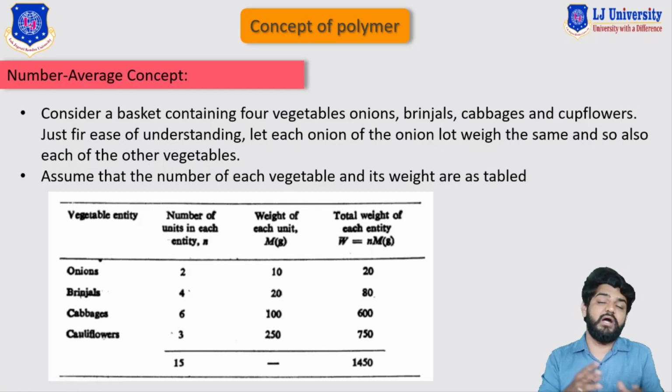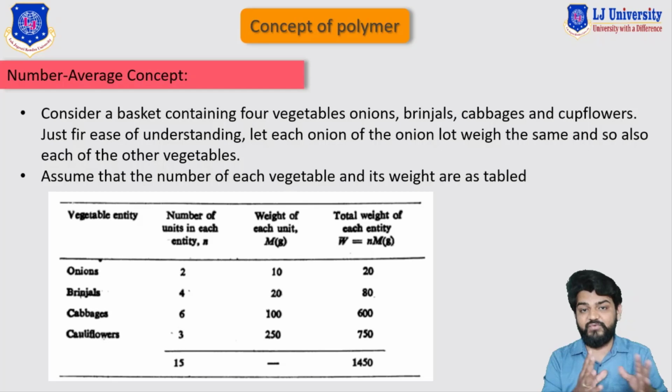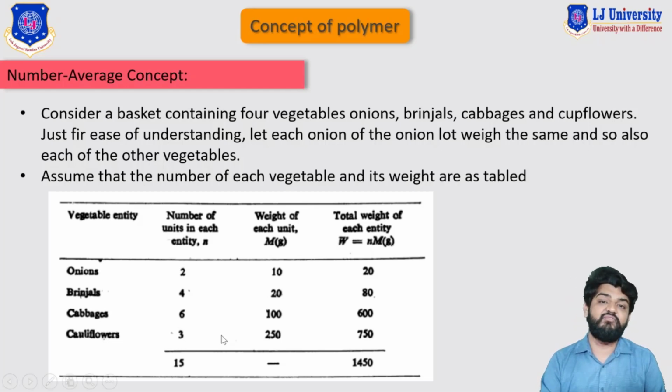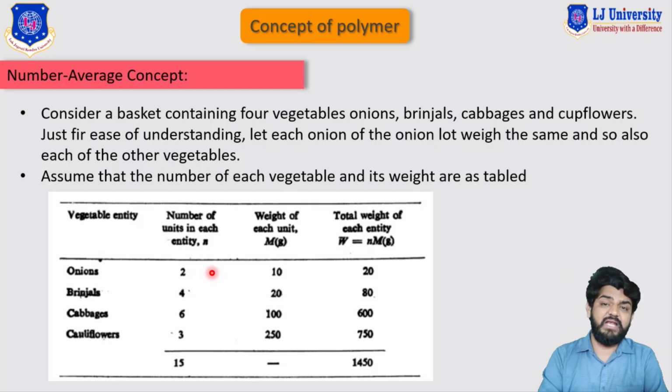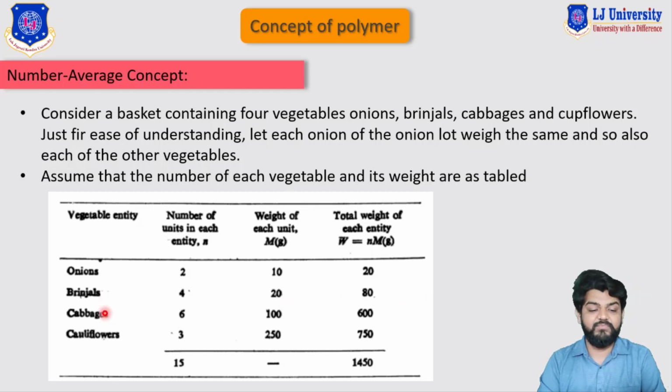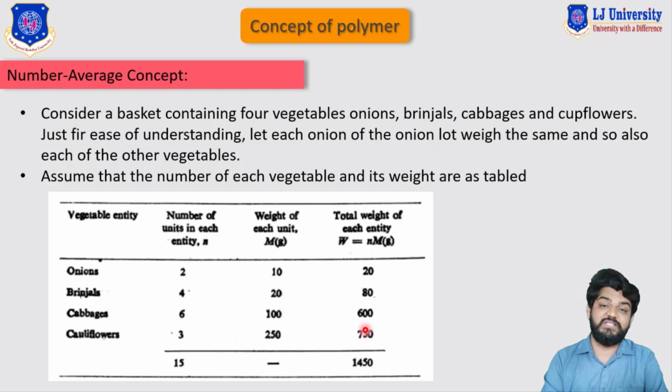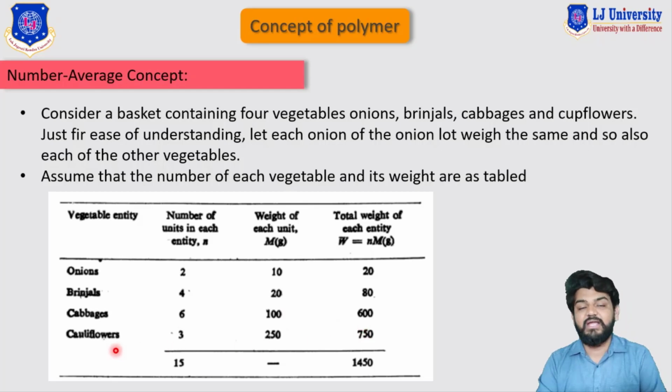Now, if we find the total weight of each vegetable, the weight of onion is 20 grams. As we have 2 onions and each onion is 10 grams, the total weight of onion is 20 grams. Then the weight of brinjal is 80 grams, cabbage has a total weight of 600 grams and cauliflower has a weight of 750 grams.